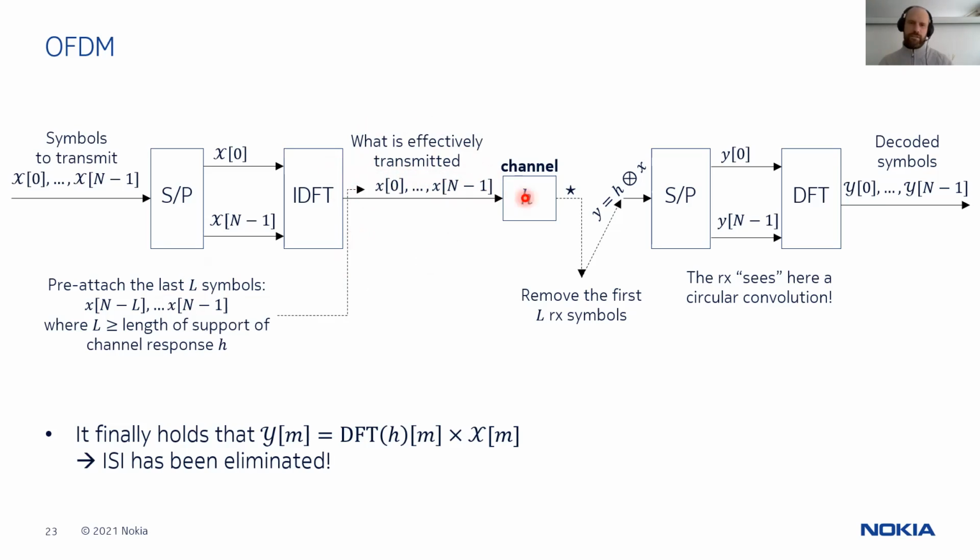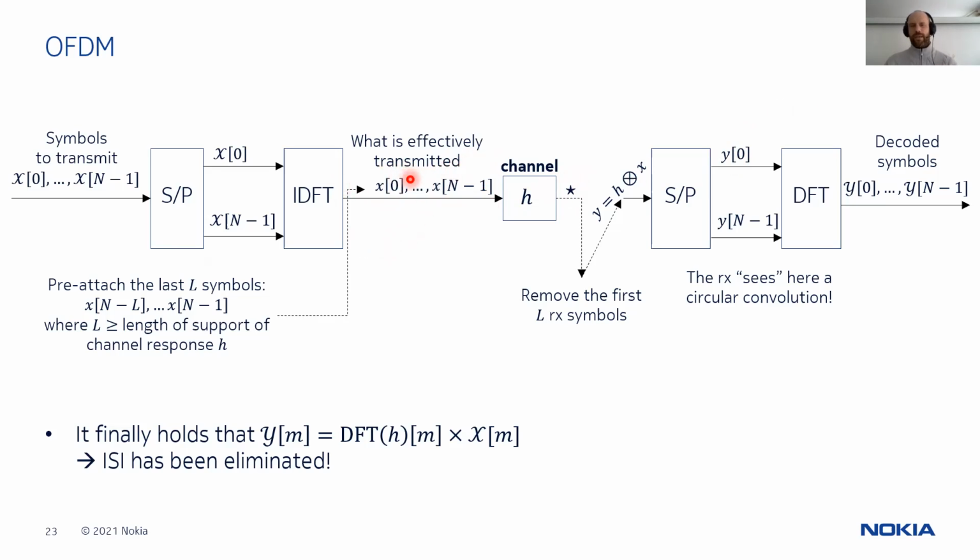And then you let the channel do its stuff. So what happens? The convolution makes it so that what you receive as y0 is actually the weighted sum of x0, x_{n-1}, x_{n-2}, and so on.